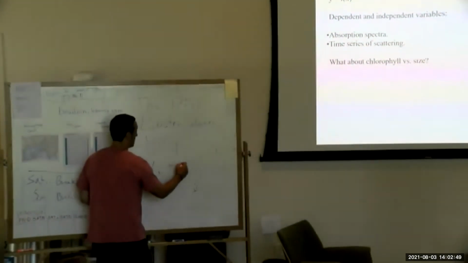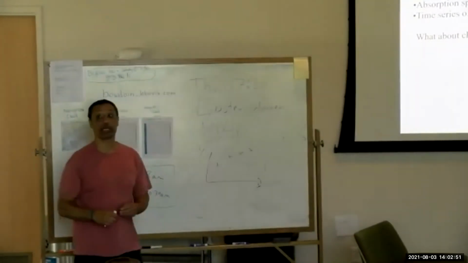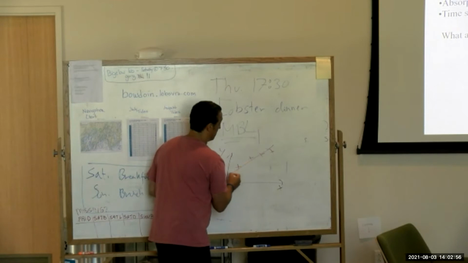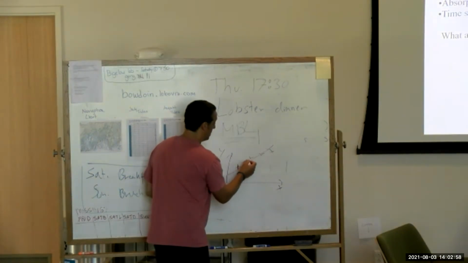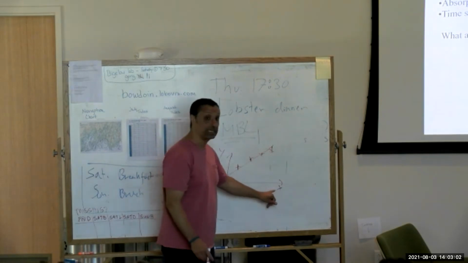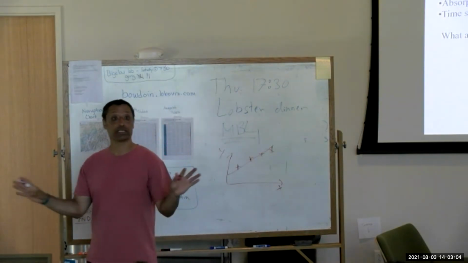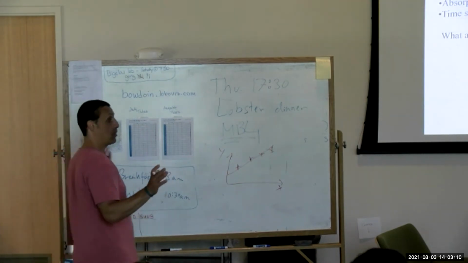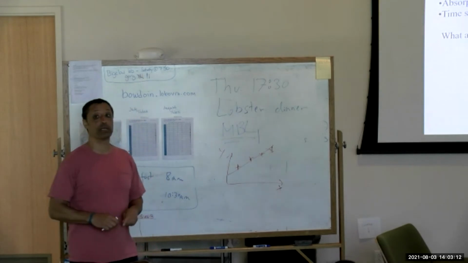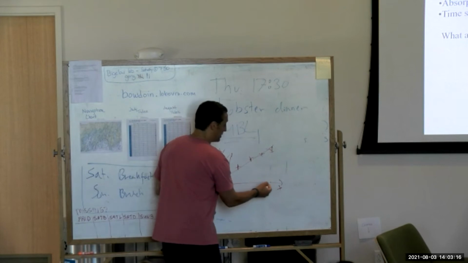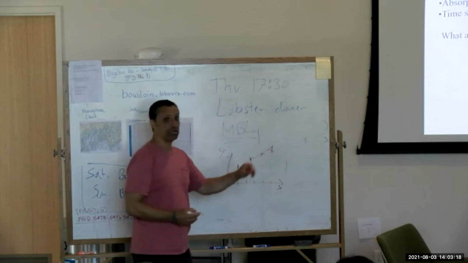Your typical Excel regression will just pass a line that minimizes the deviation in only one direction, because the assumption is that this independent variable has no uncertainties. Very good. It's your nanometers in the spectrophotometer that hopefully has been calibrated. So very often the assumption is that there is no uncertainty.